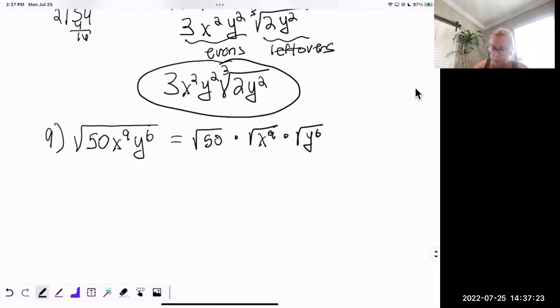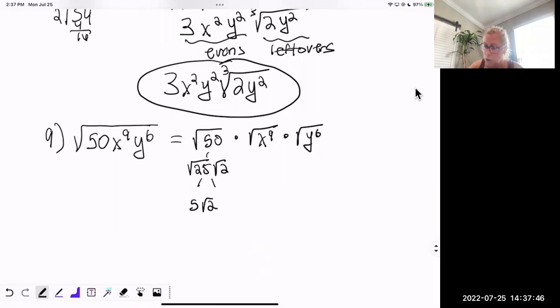I'm going to separate them, but eventually we're not going to have to once we get a little better at this. Is there some number multiplied by itself to be 50? No, but I'm thinking money. I know it has 25. 25 times 2. Well, that makes 5 radical 2.